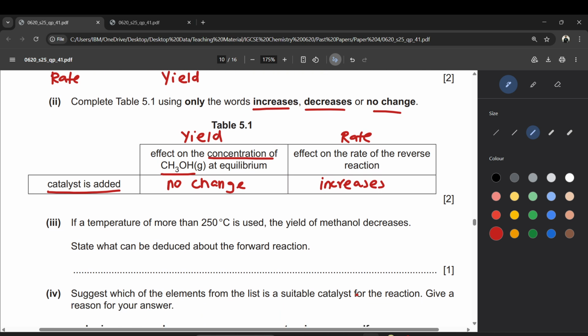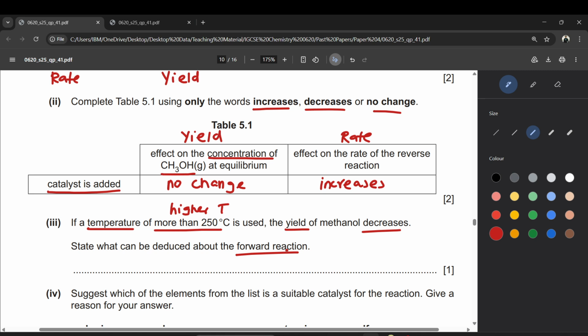Next one is, if a temperature of more than 250 degrees Celsius is used, the yield of methanol decreases. If a temperature of more than 250, that means if we use a higher temperature, what happens? The yield decreases. State what can be deduced about the forward reaction.